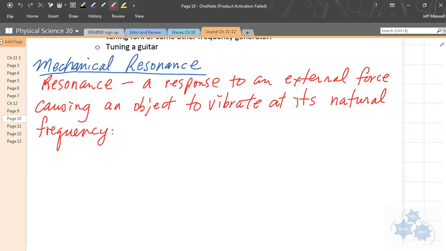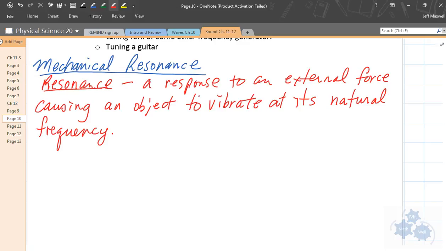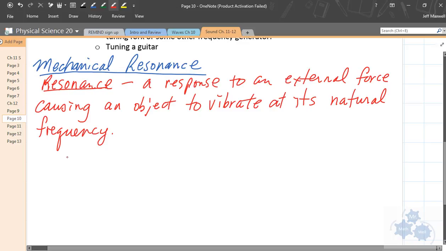If there is physical contact between the periodic force and the vibrating object, it's called mechanical. So if you're rocking a car in the snow, or if wind pushes on something, it's mechanical. Resonance is this response to vibrate at a natural frequency. Mechanical resonance is caused by actual physical contact.